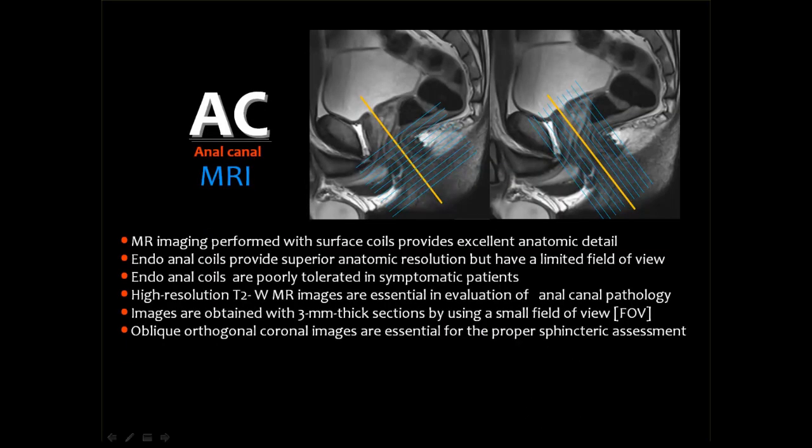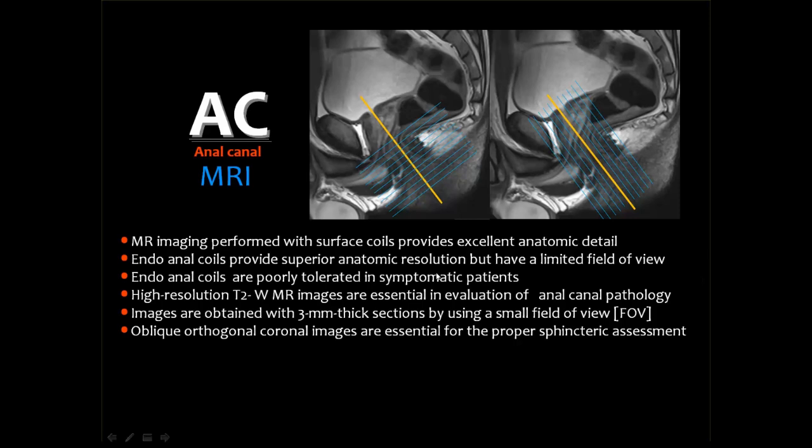And actually, the evaluation of the anal canal can be done in many ways. Of course, you know that the best imaging modality for the time being is the MRI. MRI can be obtained by surface coil or endocoils.